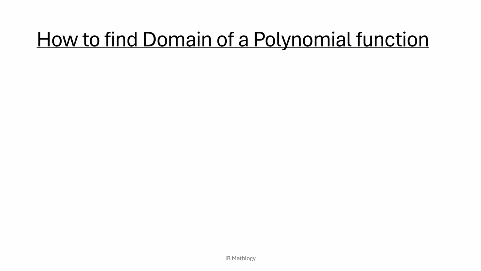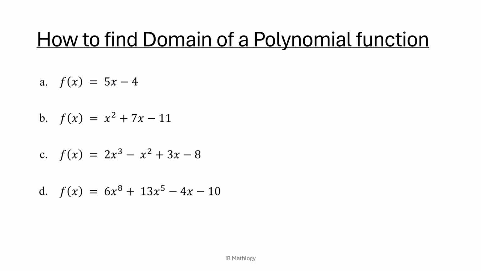Let's study how to find the domain of a polynomial function. As you all know, there are different kinds of functions. I will be covering a few of them. One of them is the polynomial function. If I take these four examples, these are all polynomial functions, in which the first one is a function of power 1, the second one is power 2, then power 3, and the last one is power 8.